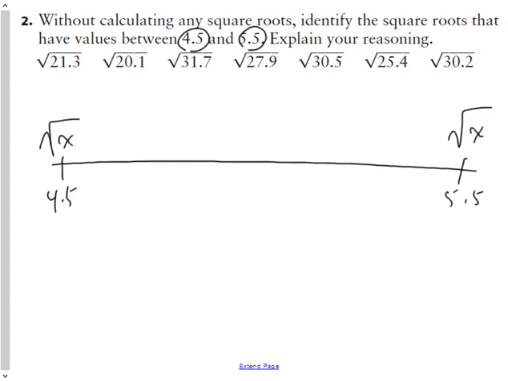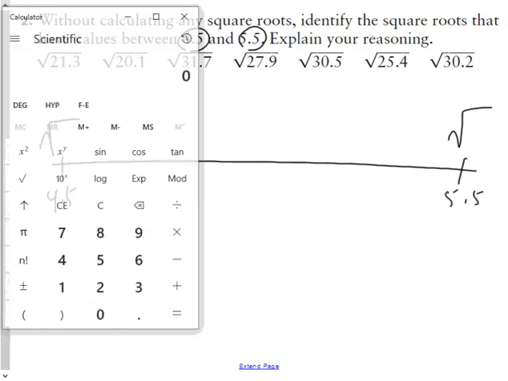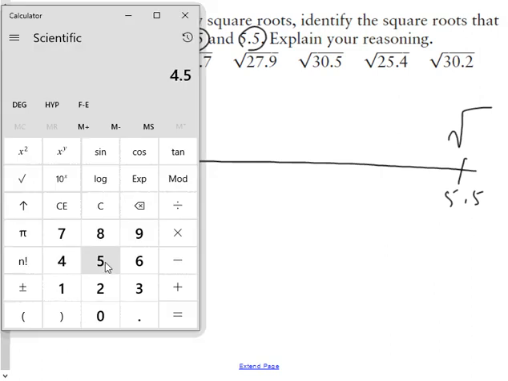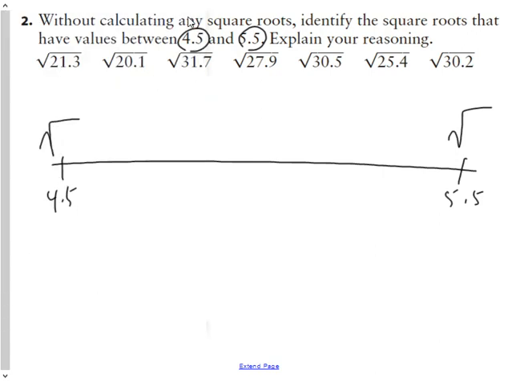So I'm going to figure out what these two x and y values, I suppose, would be. So if I wanted to figure out what number would go under the square root sign, I could really just take my calculator and say, what is 4.5 times itself, or squared? And it's 20.25. So therefore, the square root of 20.25 is 4.5.